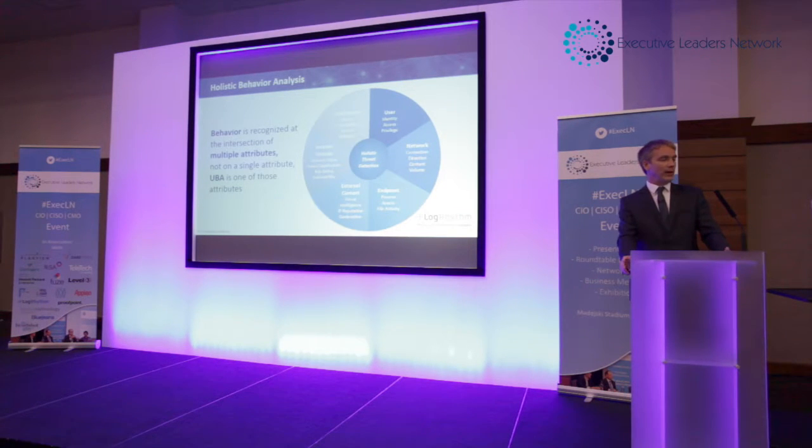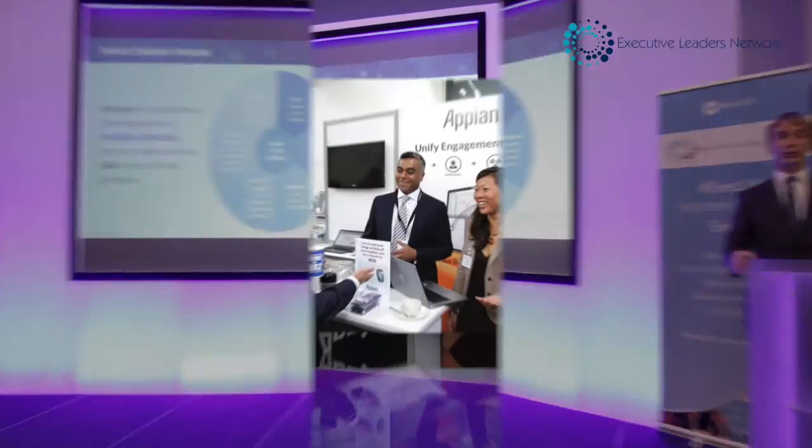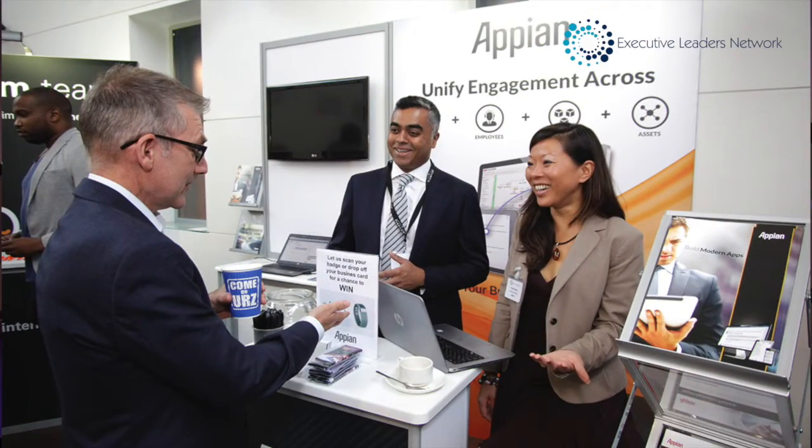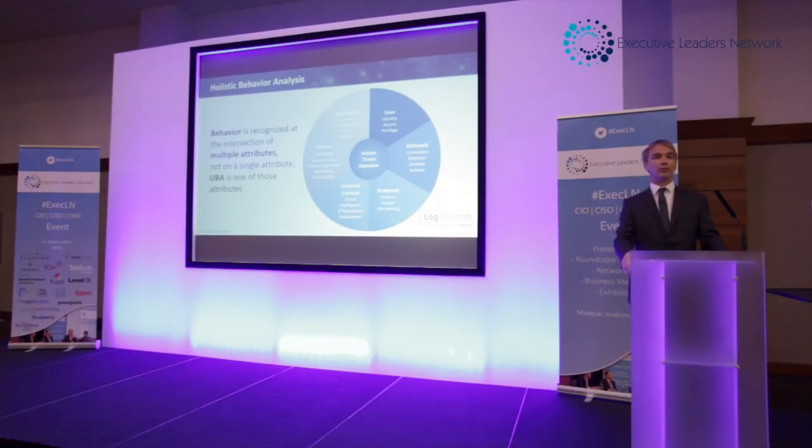User behavior is really one element of all the different types of behavior we see in our environment. We've got users, we've got our network, we've got the endpoints within our environment, and we've got all kinds of contexts that sit around the activities going on within our environment. UBA is one of those particular attributes.